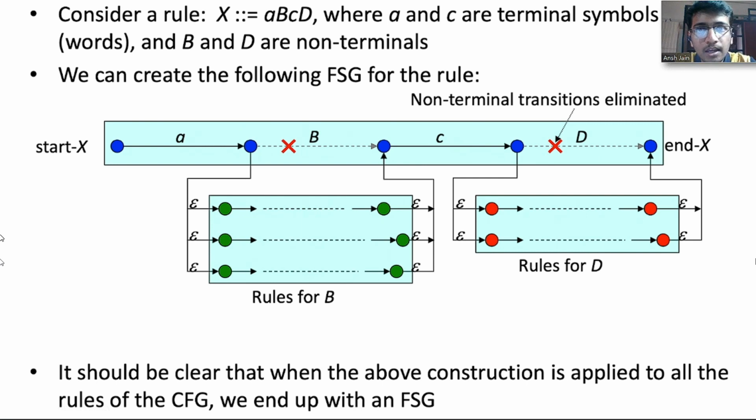So it goes on to B, which produces C, and again C cannot produce anything, being a terminal symbol. So it goes on to D, which produces X, which is the end state. Now, it should be clear that when the above construction is applied to all the rules of the CFG, we end up with an FSG.